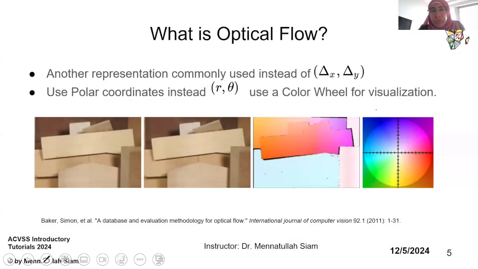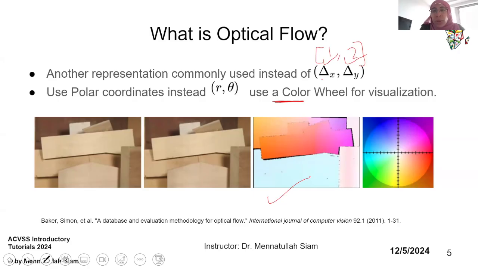You will find some people try to represent optical flow, instead of delta x, delta y, like instead of having some vector, let's say 1, 2, which describes that it moved in the x direction by 1 pixel and in the y direction by 2 pixels, we instead use colors. Like you have an RGB image like this.